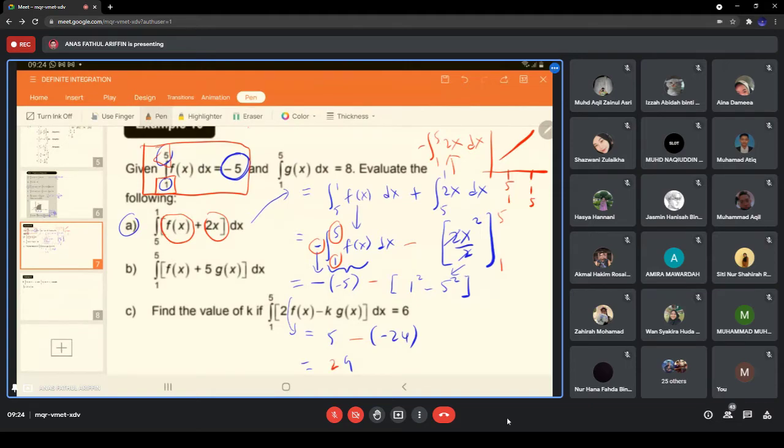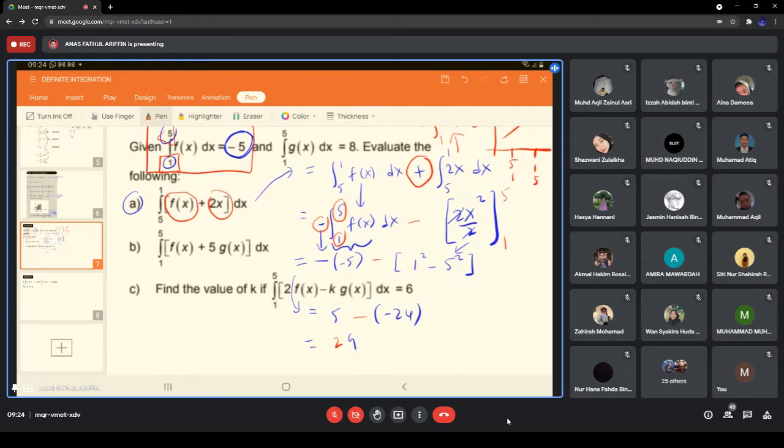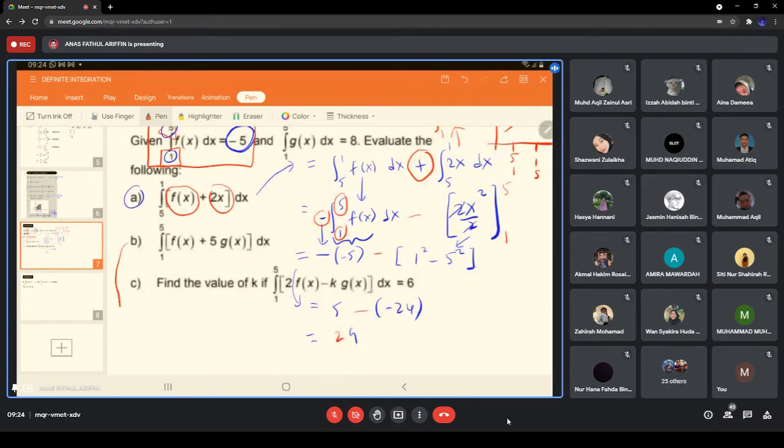Plus 29. Yang saya nak stress kat sini, asalnya memang kita kena split kat sini. Kita kena pecahkan dahulu. Sebab kalau awak tengok contoh yang lain, example B, bila kita buat awal, for B what we do is we split. Kita akan buat from 1 to 5, fx dx, and then we split, 5, gx dx.